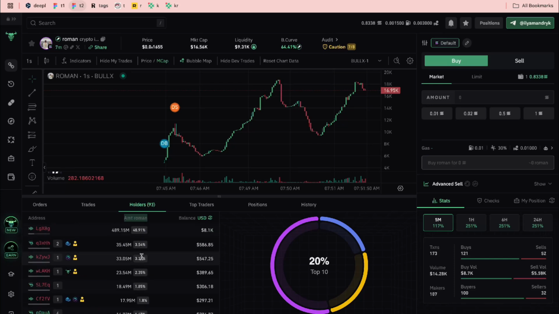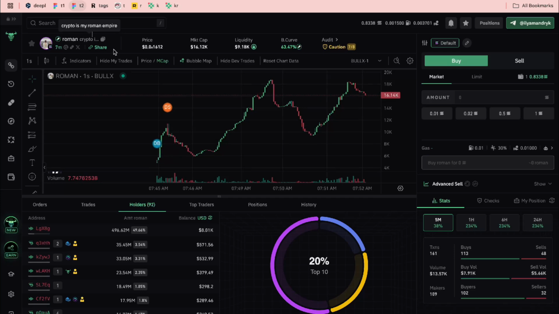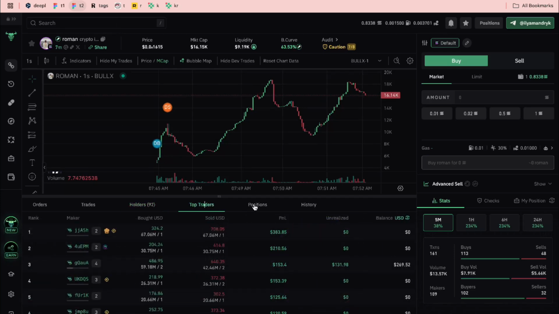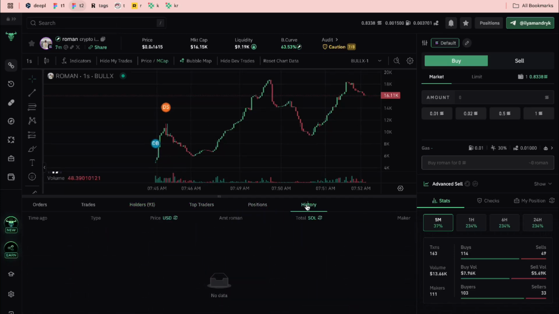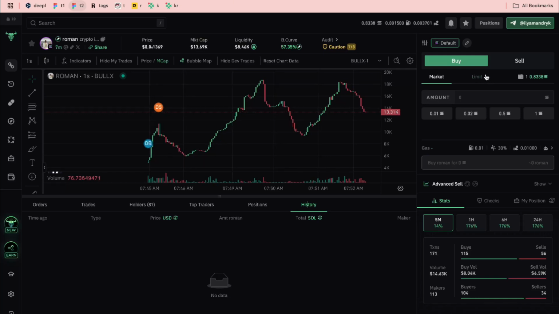And also, by the way, we can copy this here and we can go to Pump Fun and see directly. So we can see some discussions there, some messages by users, and so on. We can see top holders, positions, and history. And on the right side, we can interact with buy and sell. So the interface here is quite the same as on every single platform.